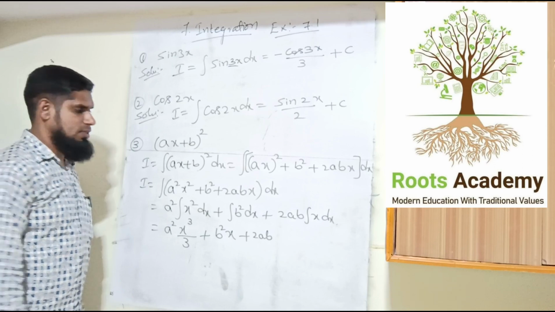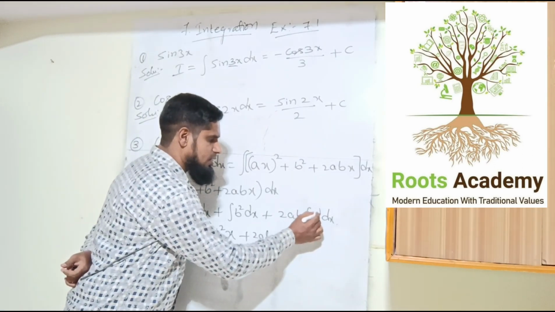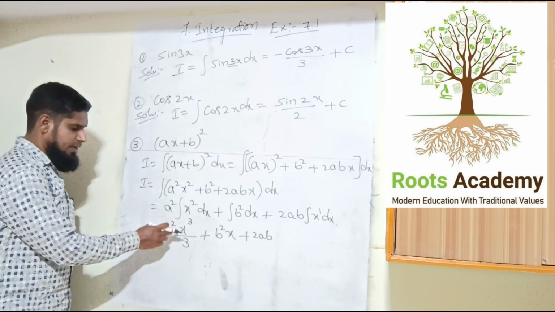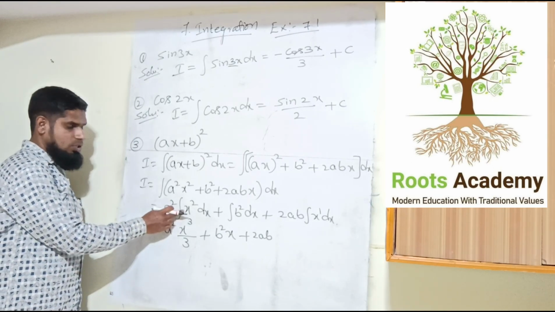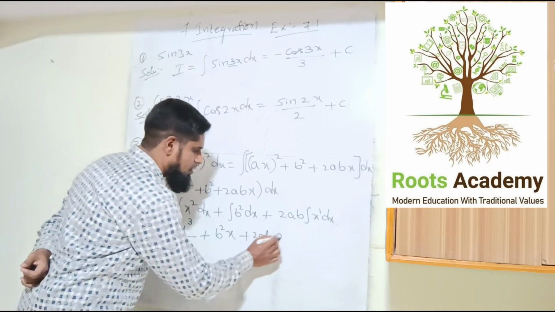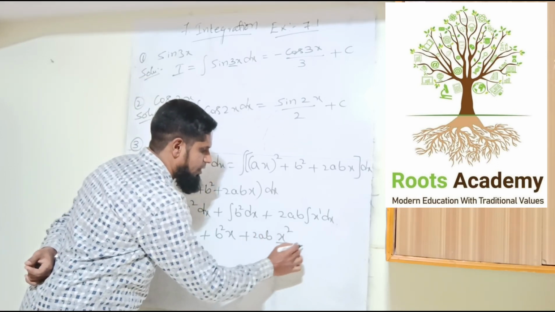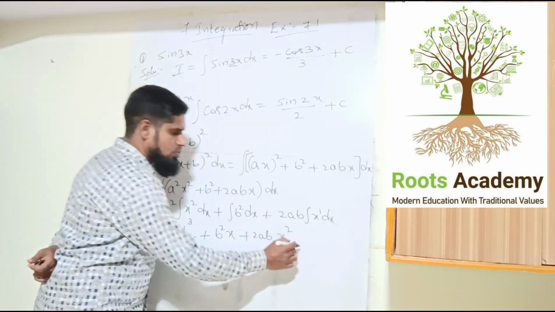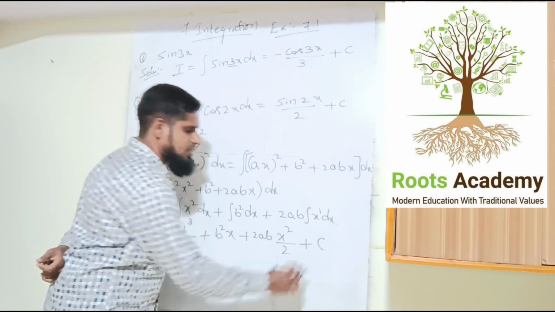Integration of x, let us consider it as x power 1. As we did for x square, integration of x power 1 is x square divided by 2. Since integration is over here, after that we should put plus c.